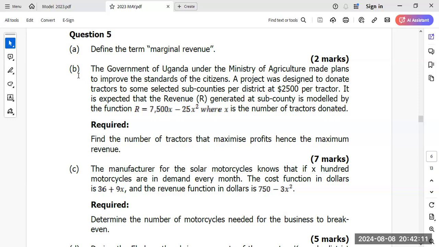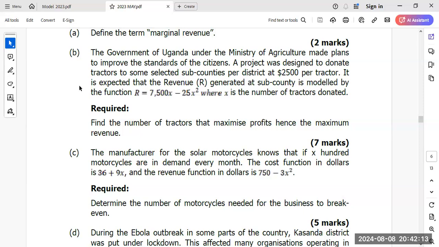So part B, they are telling us that on the required part, we find the number of factors that maximizes profit. The moment you see that word maximizes, they are telling you to differentiate for the first time and equate that first derivative of profit to 0.